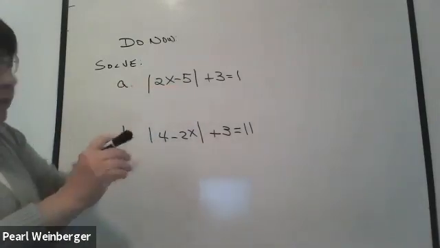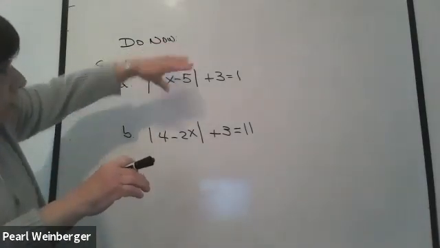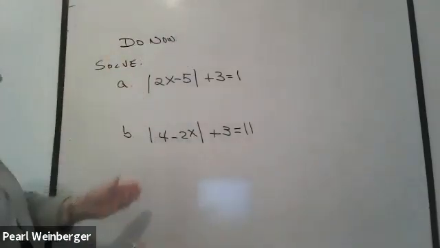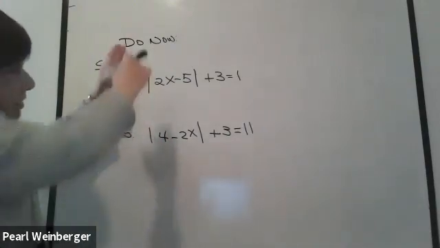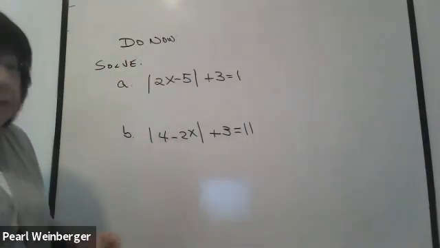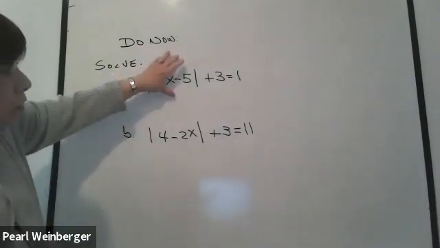When we want to solve an absolute value equation, we'll know it's an absolute value equation because we'll see these two straight lines. They're not parentheses, but they're really like enclosing something. It could be all by itself.